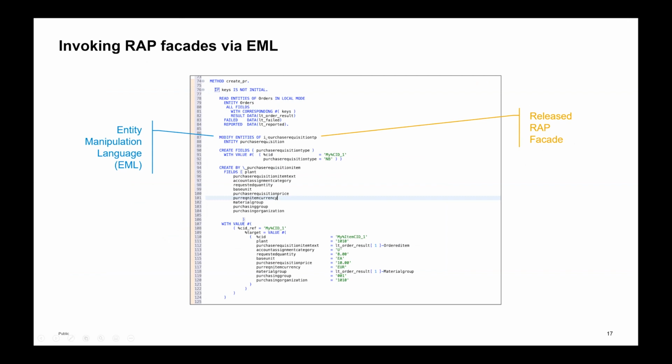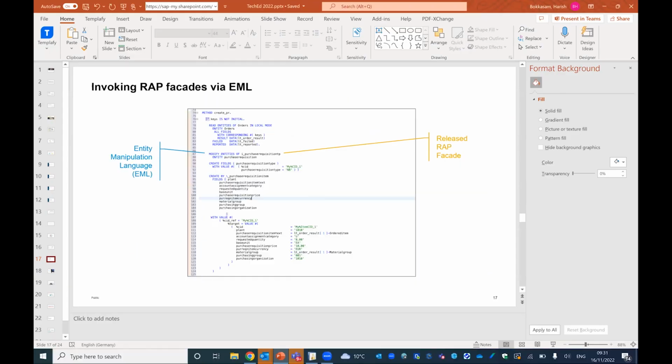Modify entities of purchase requisition, which entity we want to modify, which is the purchase requisition. And for this, we create the fields. We provide the default values. And for the sub-entity purchase requisition item, we provide these default values for the particular fields. These are the default values, and we provide them for the fields. If you see, maybe I could just jump over to the UI.